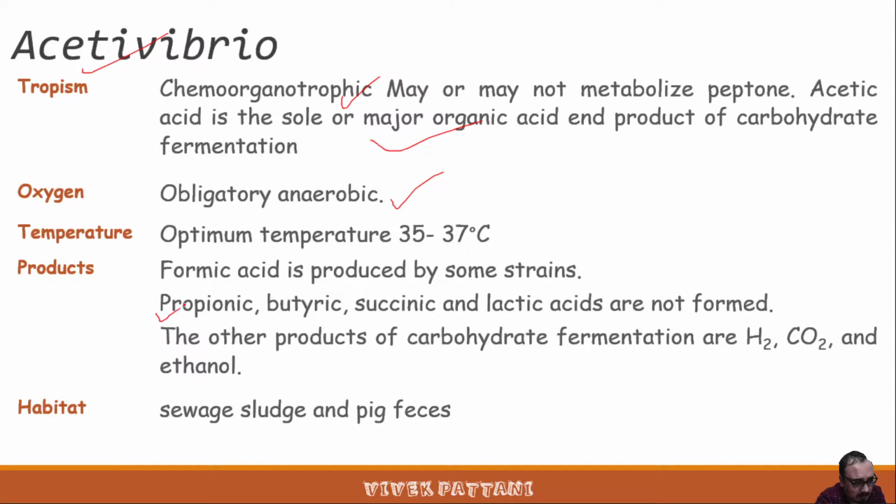These propionic and butyric acids are found in various other fermentations. The other products of carbohydrate fermentation are hydrogen, carbon dioxide, and even ethanol, and they are found in sewage, sludge, and also in pig feces.